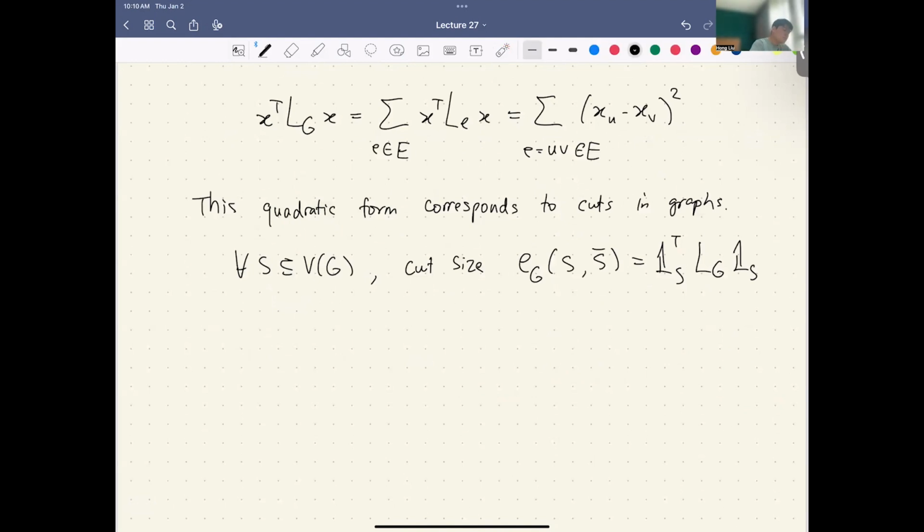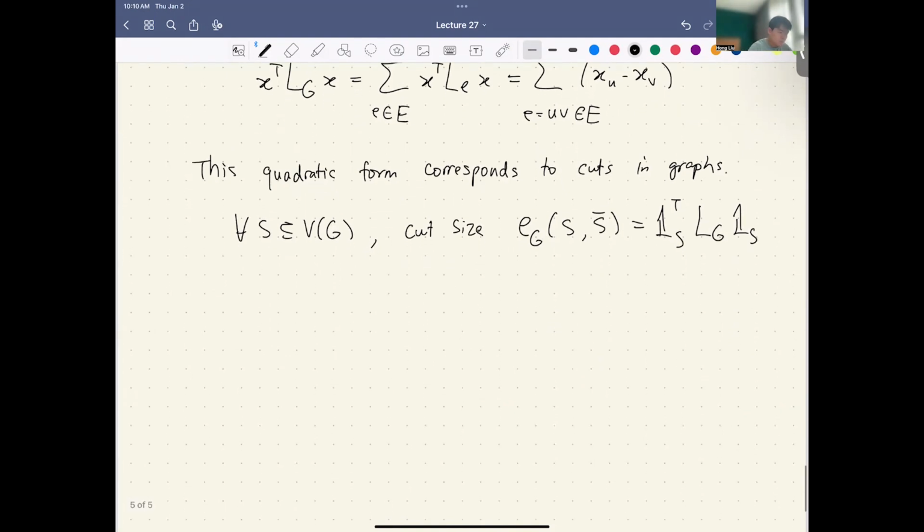So let me write it down. Originally, what one cares about is the cut sparsifier, introduced by Benczur and Karger.